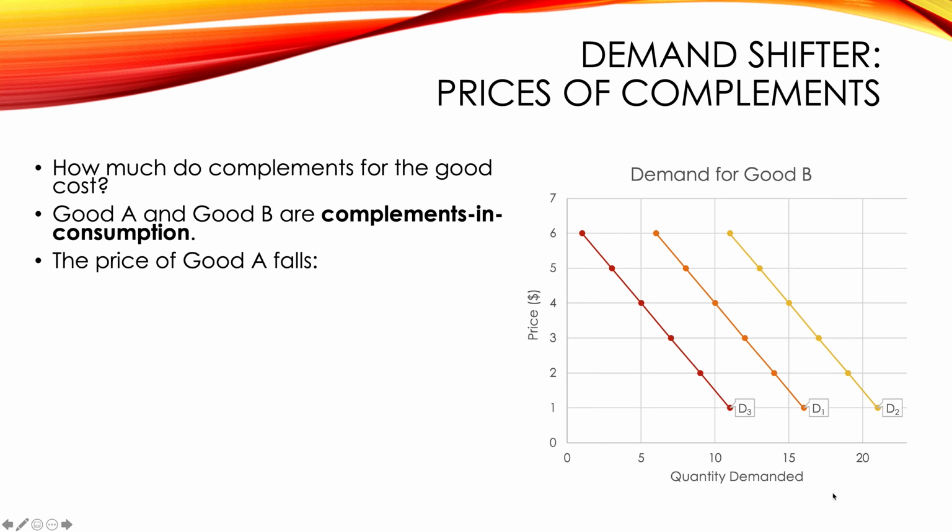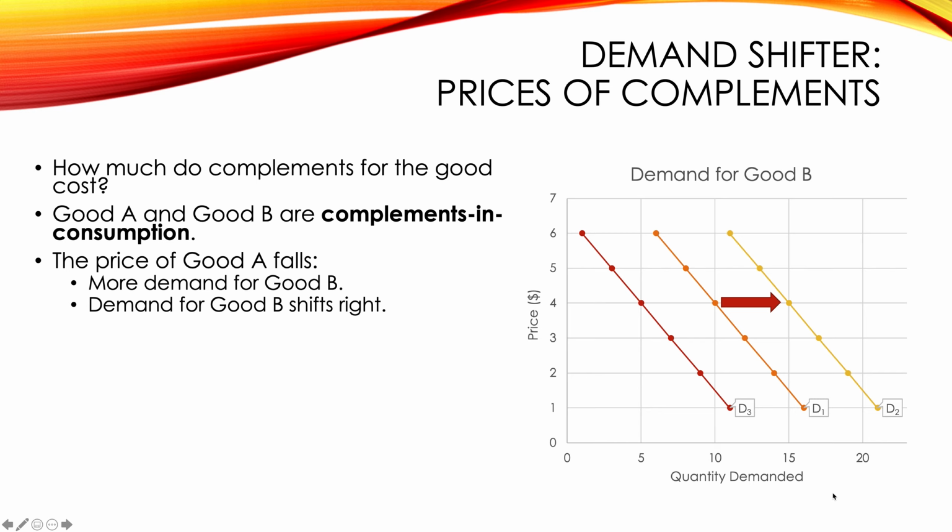If people buy more of good A, and we know because of the relationship that people buy these two goods together, we're going to see an increase in the demand for good B. They're also going to buy more of good B because they are complements in consumption. That's going to shift the demand for good B to the right.